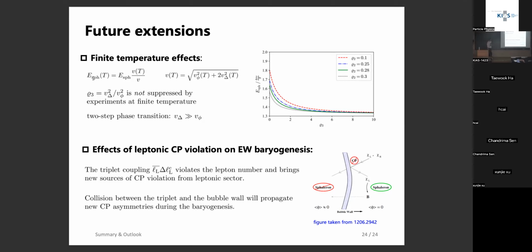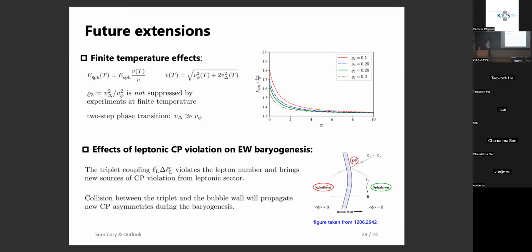In the Higgs triplet model, because of the coupling between the triplet scalar and the lepton doublet, this term will violate lepton number and induce new sources of CP violation. Such CP violation can be directly measured in the long baseline neutrino oscillation experiments.